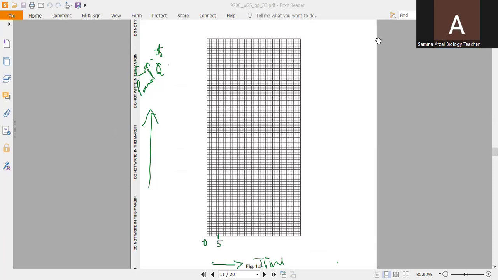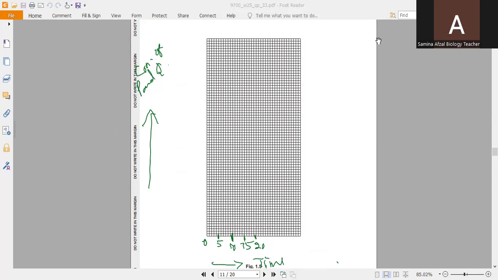After 10 is 5 small squares, or you can make it accordingly. You can take these squares according to your own choice.